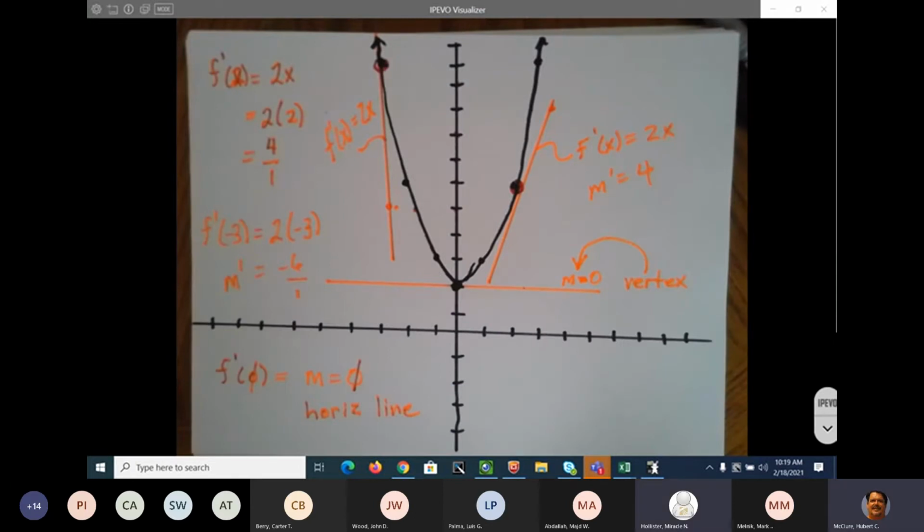Slope of 0. Yes. Remember that. You're going to see that in marketing, for some of you business majors. All right, now I'm showing you where we're going with derivatives, so I'm going to make sure you understand what a derivative is before we move on.